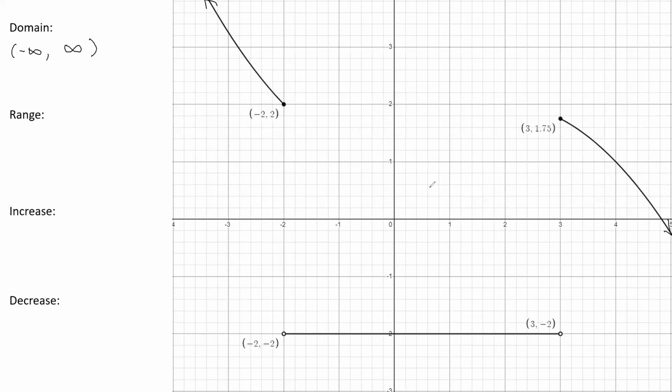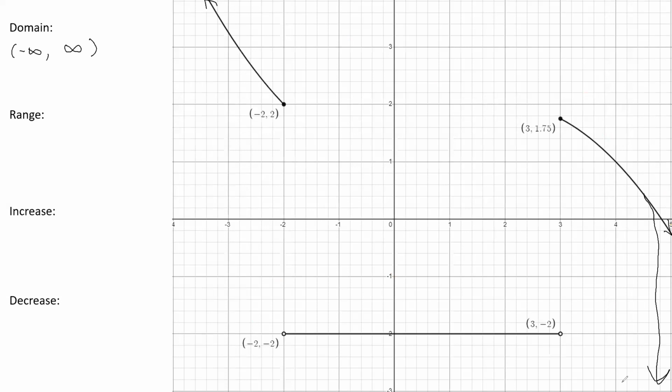Now, the range is similarly difficult. If we look at this, on the left-hand side, this goes up for infinity, which makes perfect sense. And over here, this goes down for infinity. So we don't even really need to worry about this, because this right here will be covered by this. Since this is going down for infinity, it's sort of like this. Excuse the poorly drawn line.